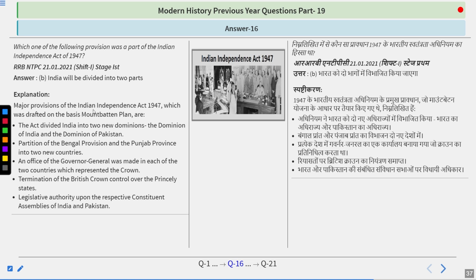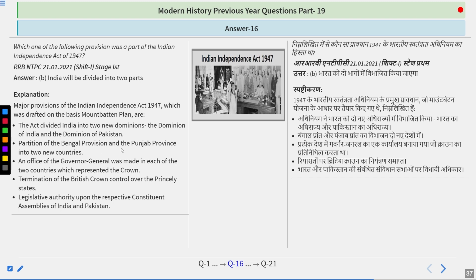The major provisions of the Indian Independence Act 1947 were drafted on the basis of the Mountbatten Plan. Lord Mountbatten came to India along with a plan that is also known as the June Plan or Mountbatten Plan. According to this, the act divided India into 2 new dominions, the Dominion of India and the Dominion of Pakistan.